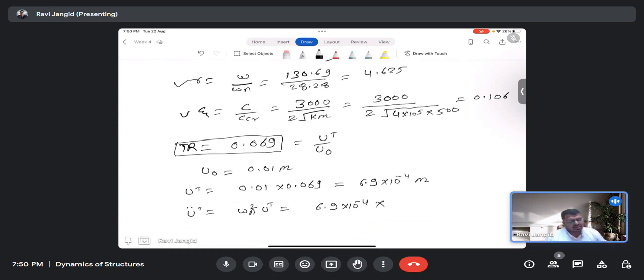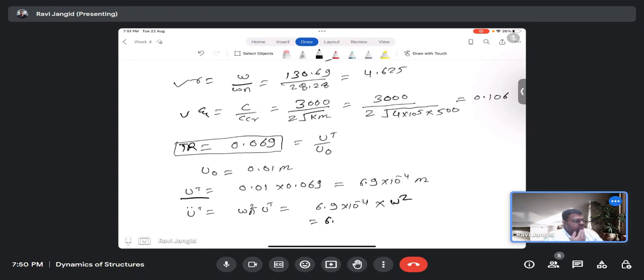But I think here we need to use omega, not omega n, because due to forcing my displacement is coming this way, so my omega square would be there.